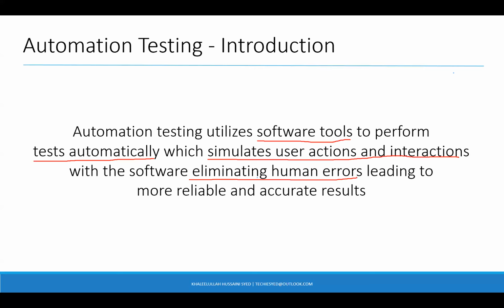As a human, if we have to test out a lot of functionality, there is a possibility that I may miss out one or two tests, or I may mistype some of the values that need to be put into my text box. I can eliminate all of these human errors with the help of automation testing. My test results are going to be more reliable and more accurate.